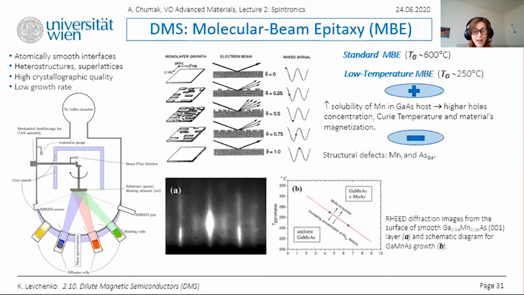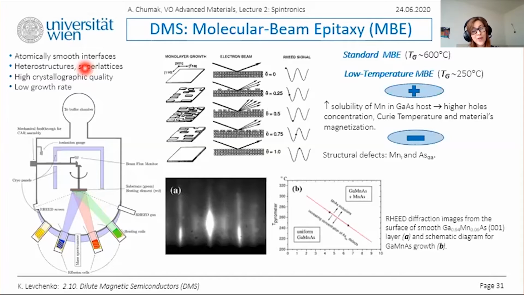Here, in contrast, we have precise control over the material purity, over the interface formation, over the composition and doping concentration. So we can even grow very sophisticated structures like superlattices and heterostructures with this technique.